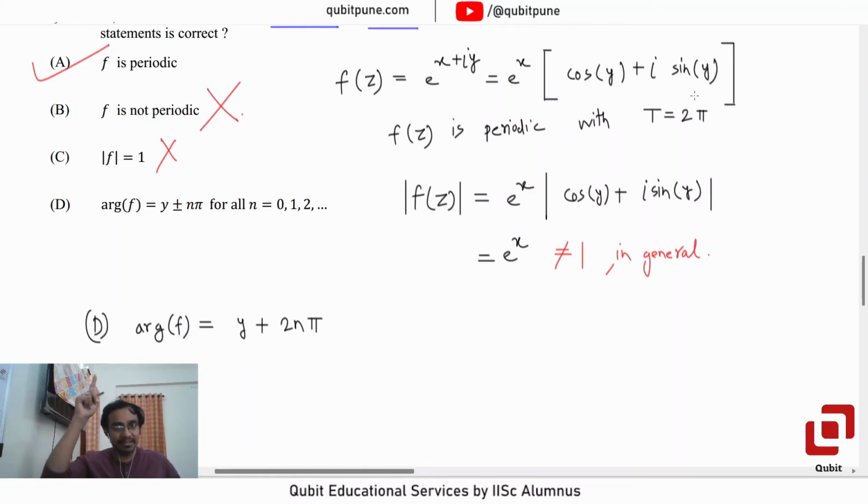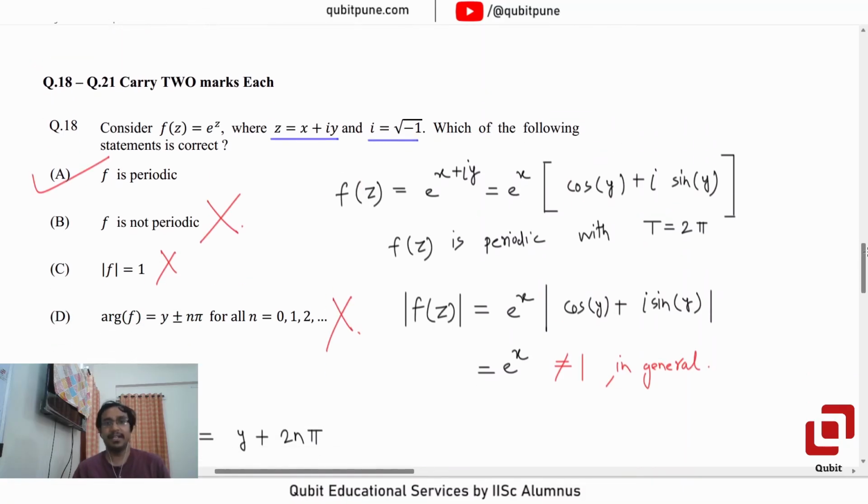But even when we discuss the argument or amplitude of a complex number, we make a clear distinction between whether the number is in the first or in the third quadrant. For both of them y upon x is positive, and for the second and the fourth quadrants also we make a clear distinction, although y upon x is negative. So D is not right, it's only A that is right. Fine, that is question number 18.